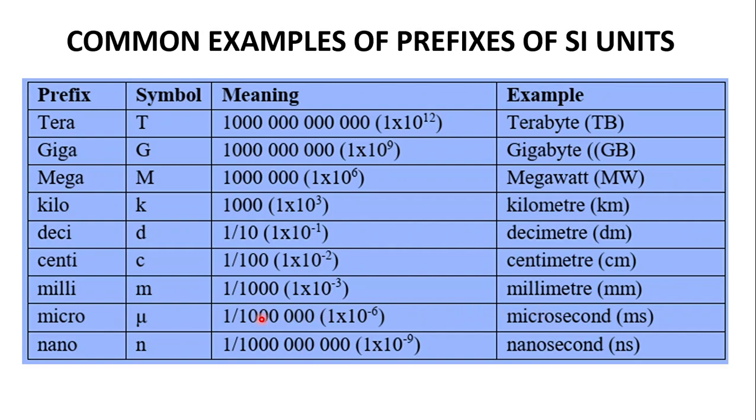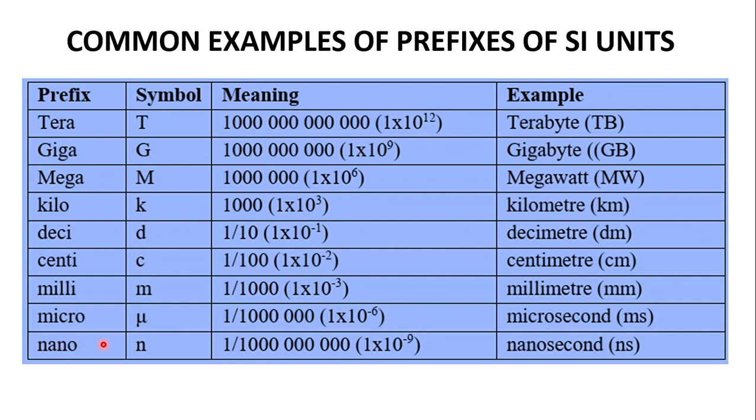A micro, represented by the symbol mu, the Greek letter mu, is 1 over 1 million, which is the same as 1 times 10 to the power minus 6, as in microseconds. And then lastly, we have a nano.